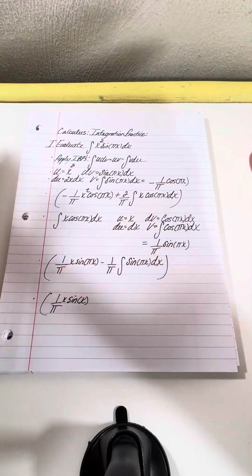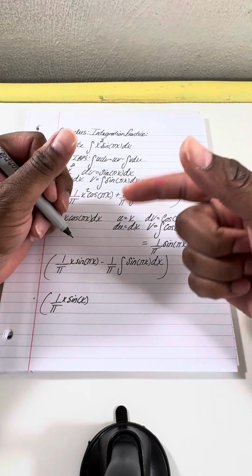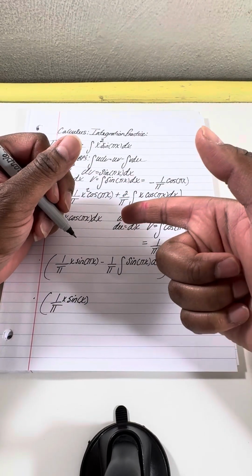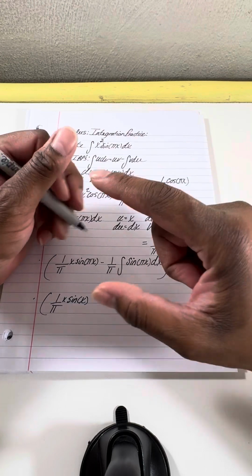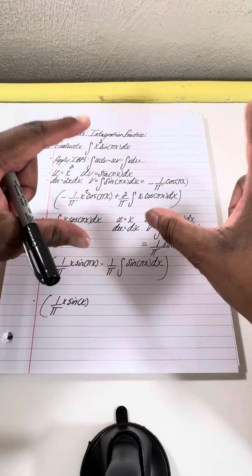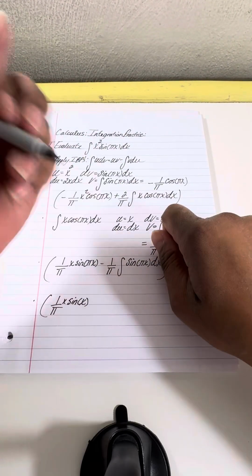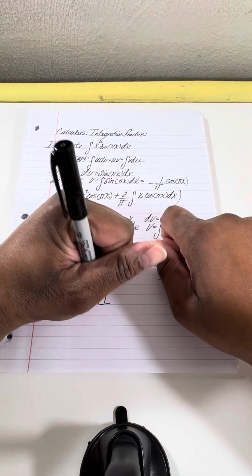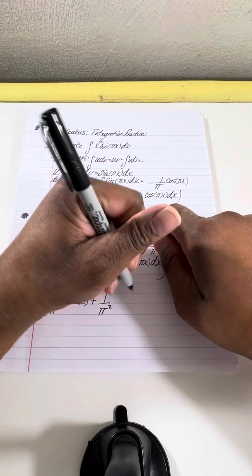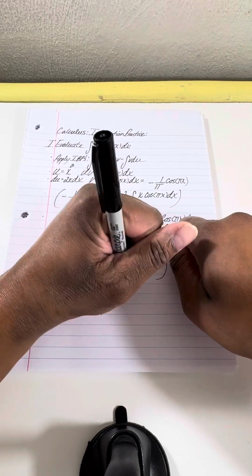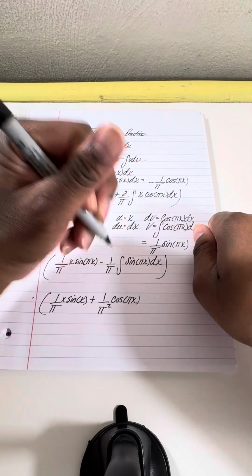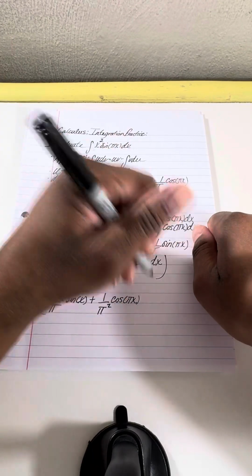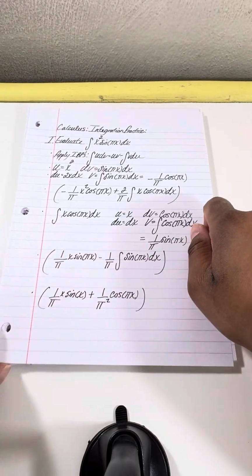So I would then take the negative 1 over pi and another negative 1 over pi and multiply them. What that's going to end up giving me is a positive 1 over pi squared, and then I'll have cosine of pi x. Yeah, that's what I'll have for the second one.